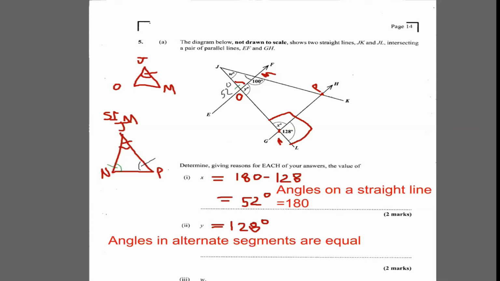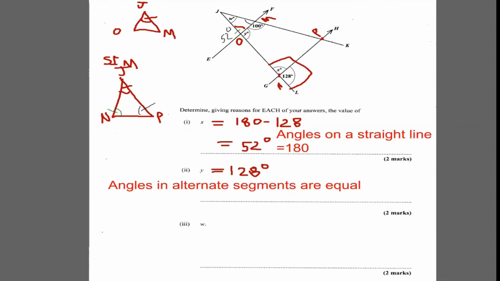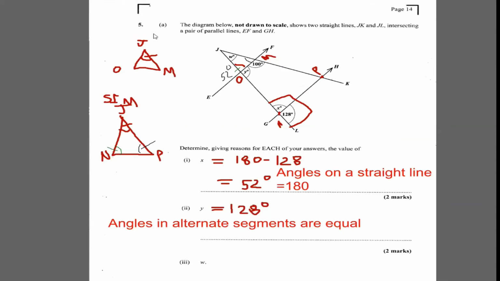Now we want the next angle, W. Angles in a triangle sum to 180, and so we can find W easily. First and foremost, if this is 100, then this angle right here is 80 degrees.